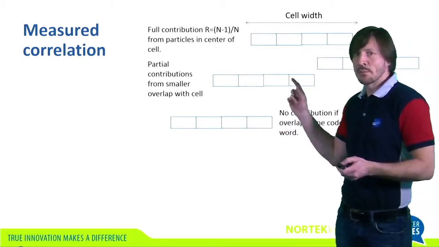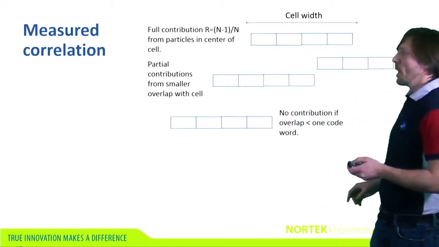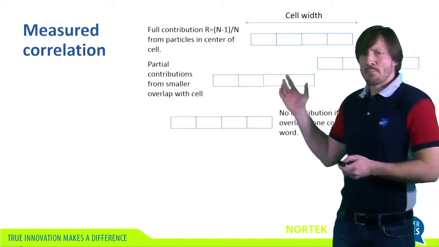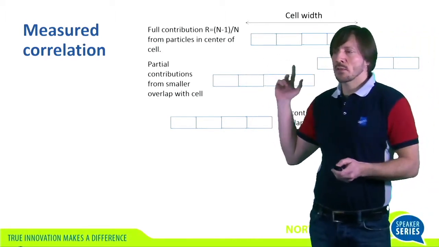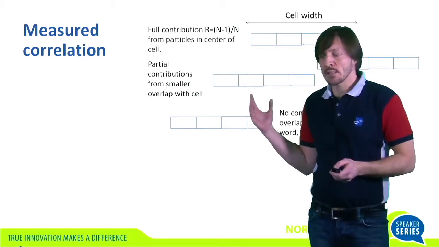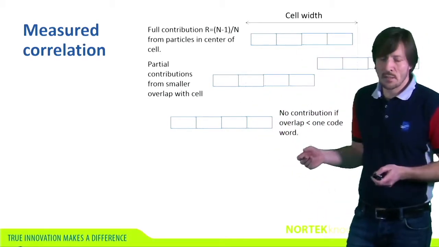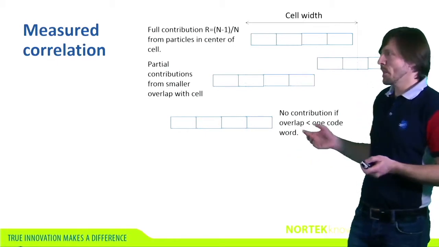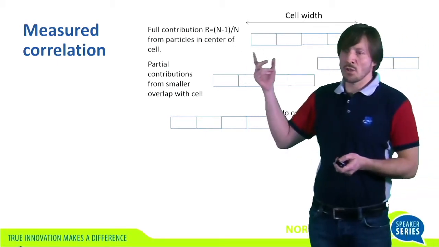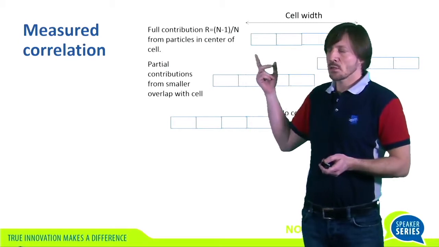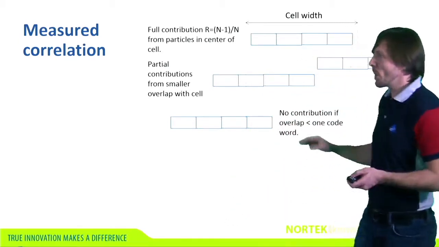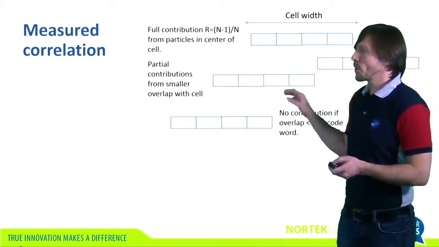So these are echoes from different particles now, okay? And I made the cell size approximately equal to the length of the transmitted pulse. And that makes sense because this length already dictates the spatial resolution. So it doesn't make much sense to make the cell size much larger or much smaller than the transmitted pulse length. So here are the echoes from different particles.